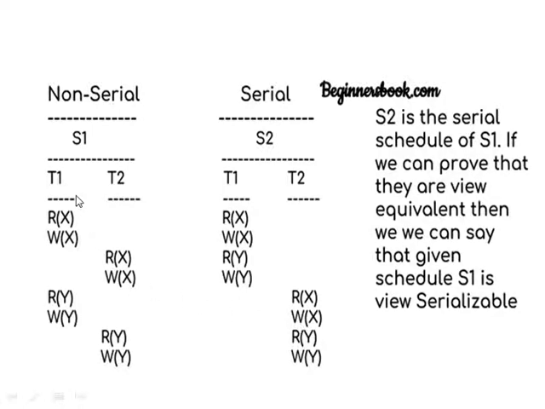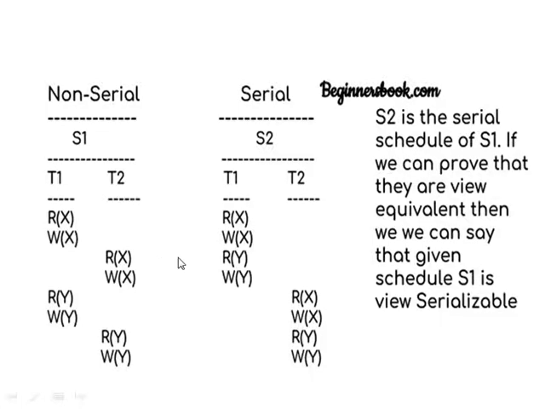In schedule S1, the final write operation on Y is done by transaction T2. In schedule S2, the final write on Y is done by transaction T2. So we checked both data items X and Y and the final write condition is satisfied in S1 and S2. The first two conditions are satisfied.